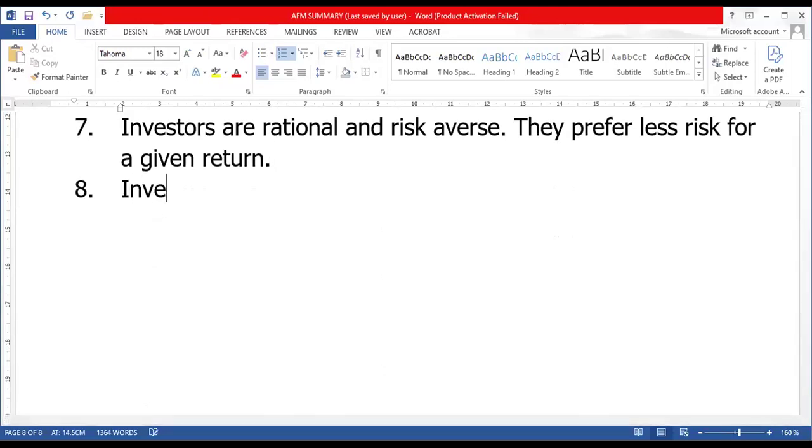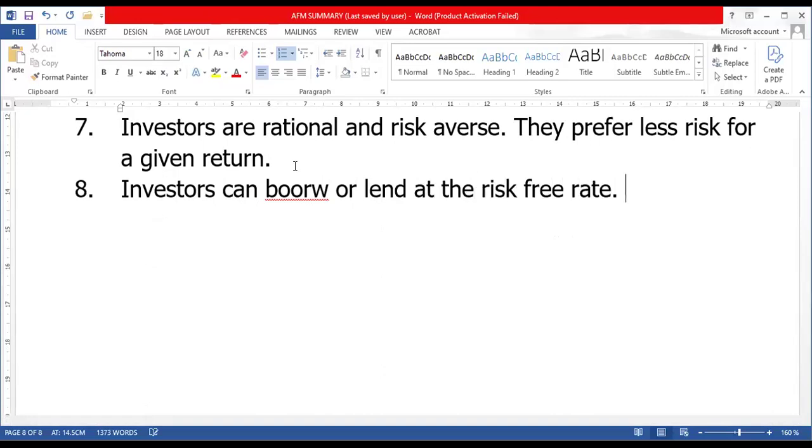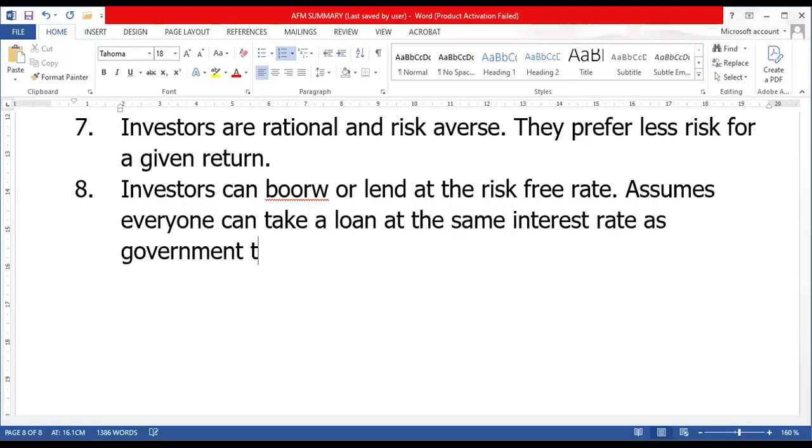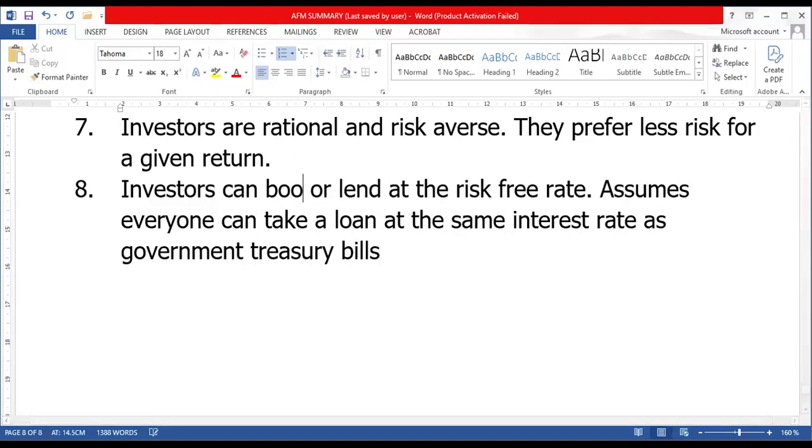There are really many, but investors can borrow or lend at the risk-free rate. Assume that everyone can take a loan at the same interest rate as the government treasury bills, because we say that government treasury bills are risk-free.